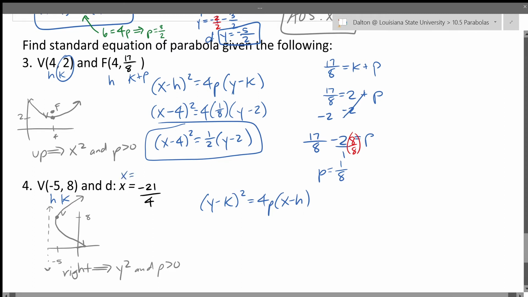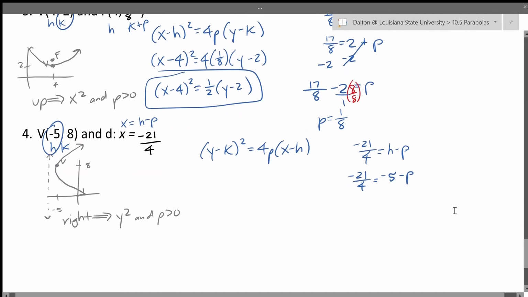Okay, Zach, it cut out a little bit, but I think you said it. If x is equal to h minus p, and you know that x is equal to negative 21/4, then these two things are equal. Then negative 21/4 must equal h minus p. But again, we already know from the vertex point that h is negative 5. So then we get negative 21 fourths equals negative 5 minus p. And then all we have to do from here is solve for p.